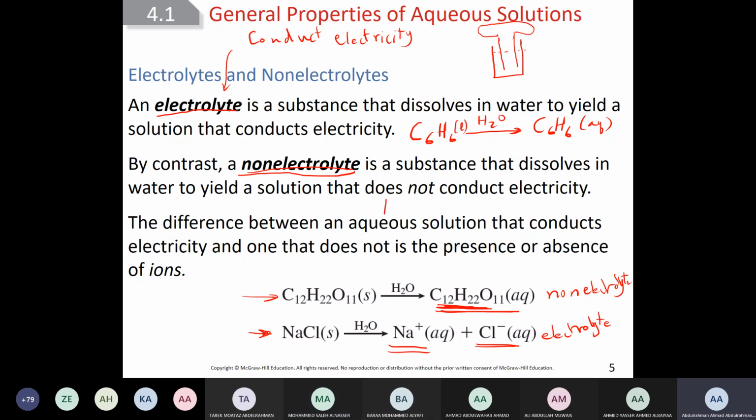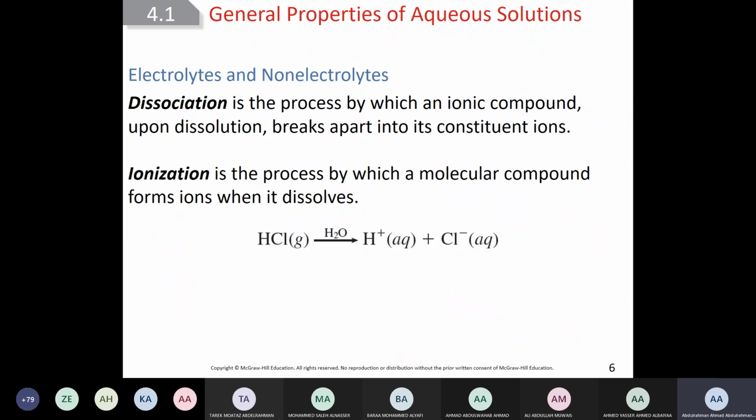How about if I dissolve potassium bromide in water? Electrolyte. Solid. It will give you K+ aqueous plus Br- aqueous. And this will be electrolyte. So this one is electrolyte. This one is none. Is this clear? Good.